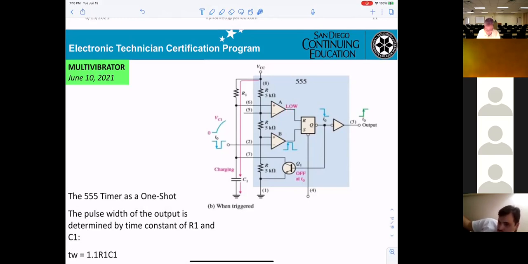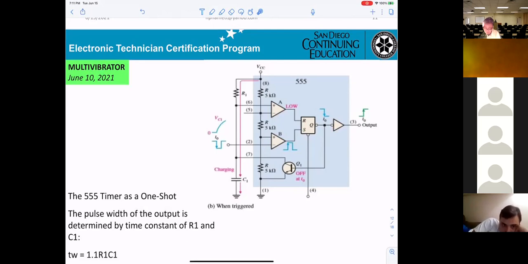Also on this one here, when they apply the negative positive, this side will be higher than that one, so you get 1. You get 1 in here, so that will set the flip-flop. Set means it will be 1, and it goes through the inverter here, so the output will be low.